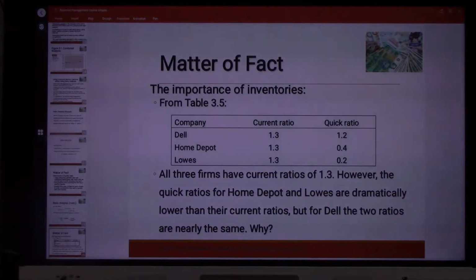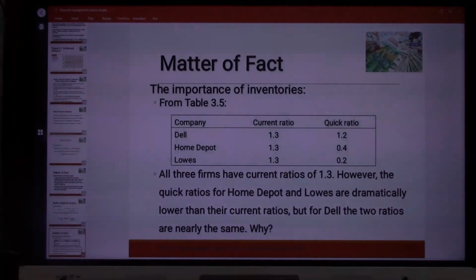But actually, this is not true, because if we extend our analysis using the quick ratio, we will find that the best position regarding short-term liquidity goes to the company whose quick ratio equals 1.2, and the lowest level of liquidity goes to the firm whose quick ratio is 0.2.